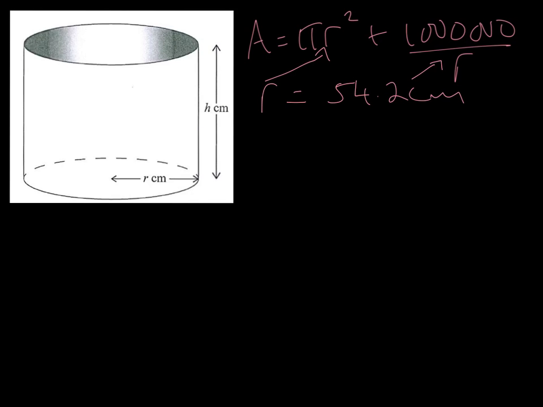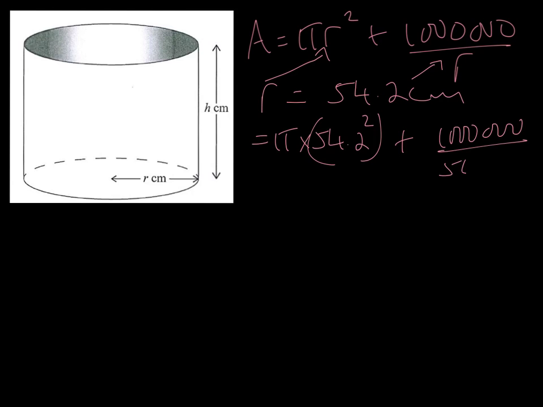So we're going to say that the area equals pi times 54.2 squared plus 1 million divided by 54.2. And if you do that, you end up with an answer of 27,679 centimeters squared.